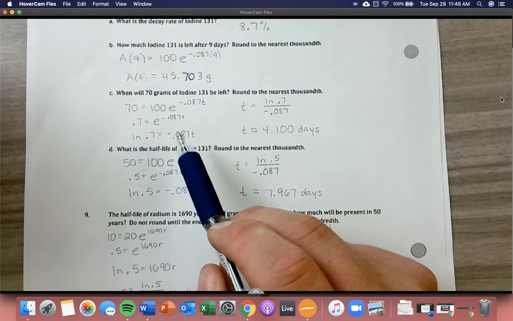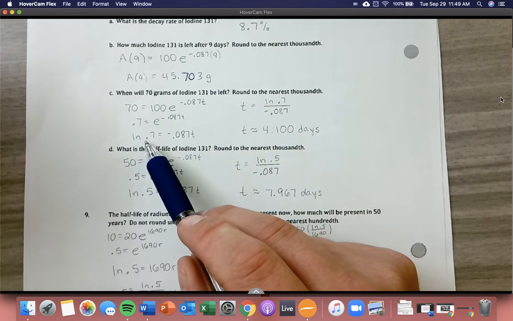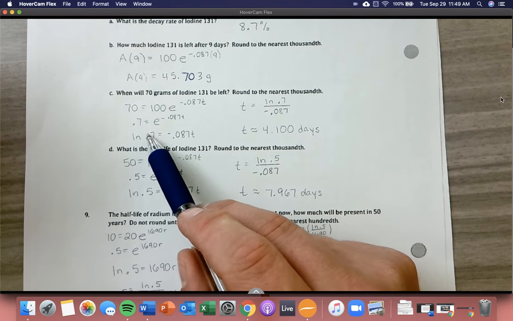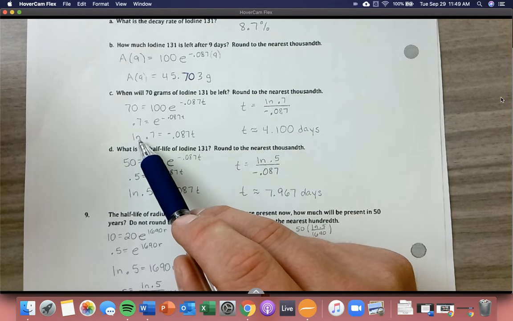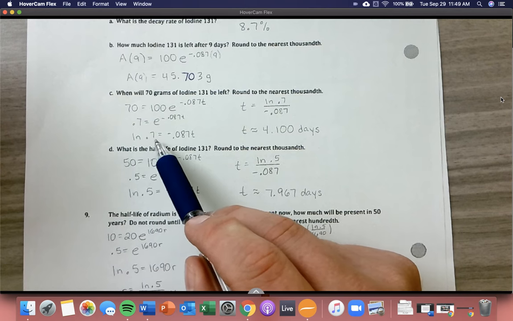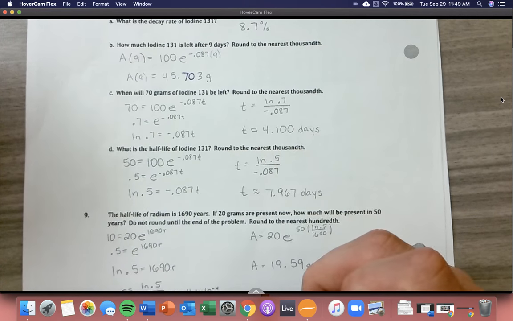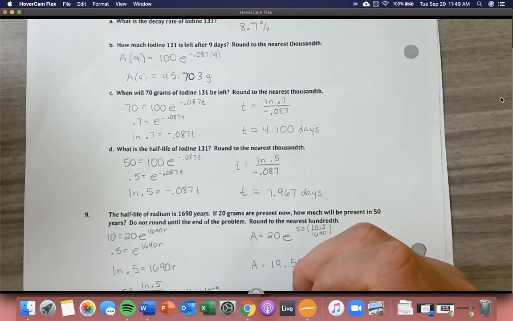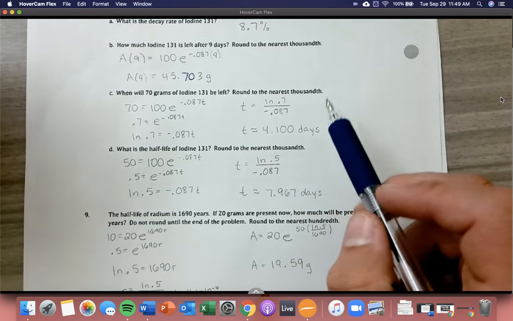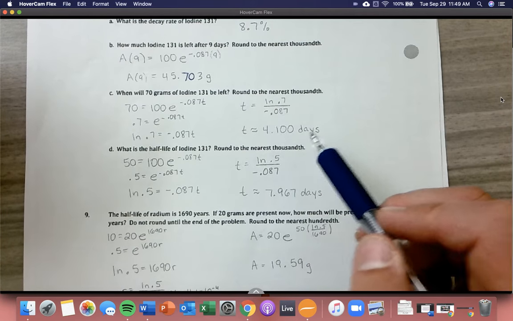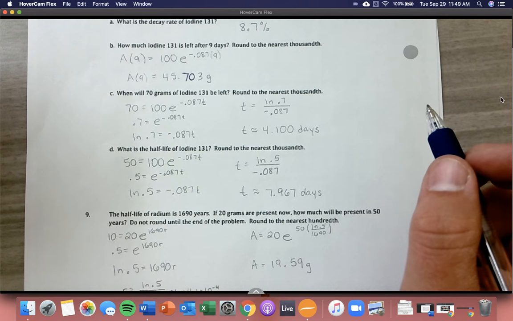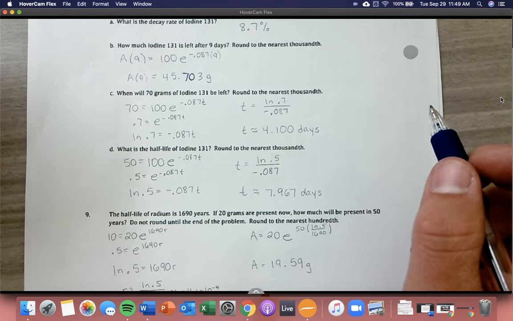And then just like in previous problems, we convert it to that natural log, because log base e is natural log. So the natural log of 0.7 equals negative 0.087 times T. And then from here, we would just divide that over, and we end up getting that the time is roughly 4.100 days.